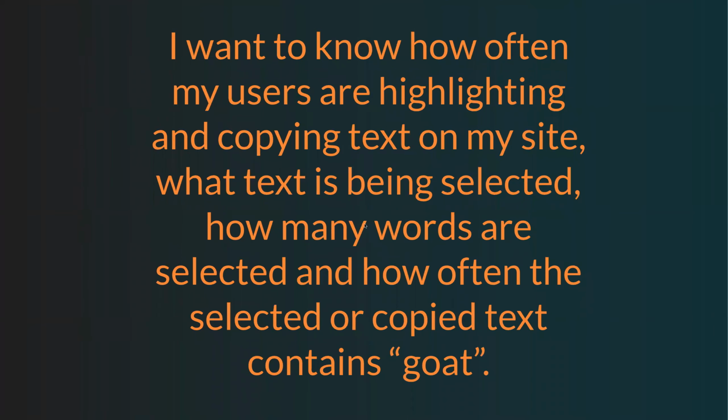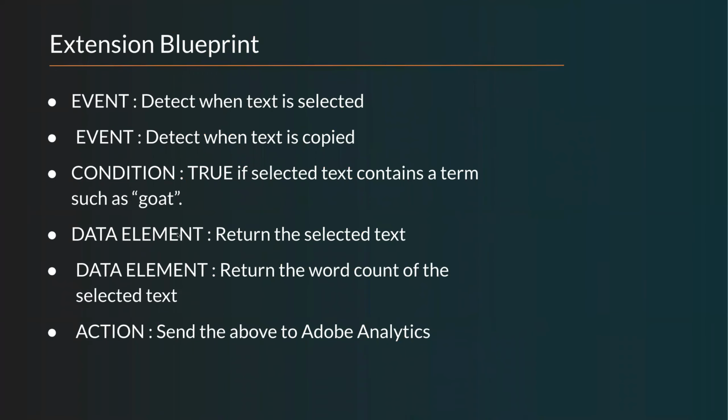What else? We need to know how many words are selected, and we need to know what text is being selected. So those are data elements. Our extension is going to have to provide a data element type that returns the selected text, and a data element that will return the word count of the selected text. And then finally, what action do we want to do?